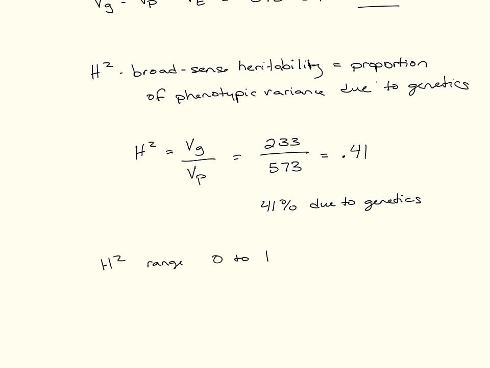So if H2 is equal to 0, it means that none of the variance in a population is due to genetics, right? Our top number would be 0, which means that all of that variance is due to the environment.